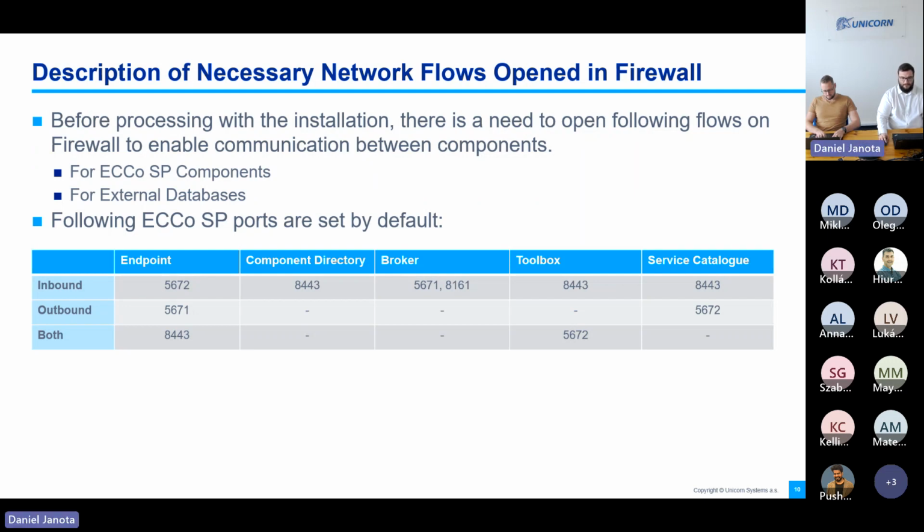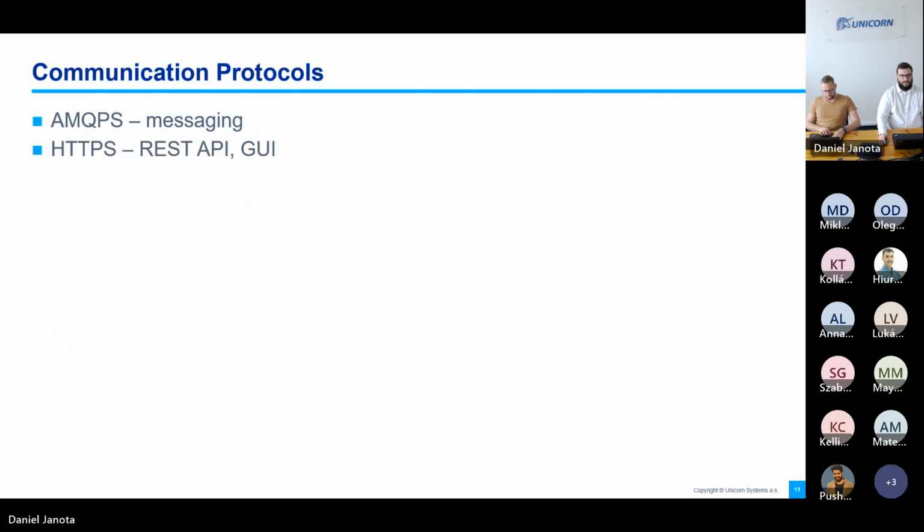Together with these ports, it will also be necessary to open flows for an external database if you want to use one, but we will get to that later. Regarding the communication protocols, ECCoSP uses AMQPS for messaging and HTTPS for REST API, graphical user interface, and web services. Everything by default has SSL enabled.